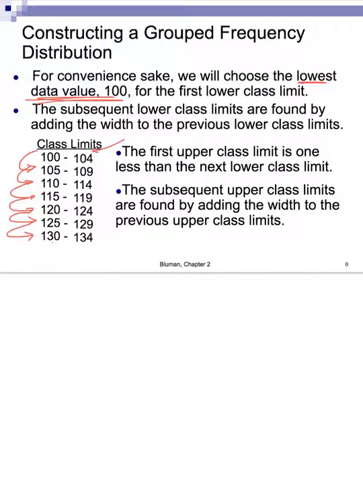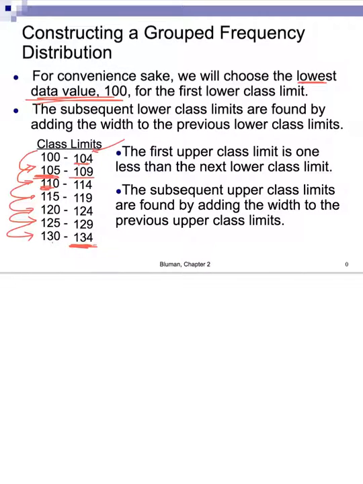Okay? And then if you look at our upper class limit, remember, it needs to be mutually exclusive. So if we started this next one at 105 here, this next class only needs to go to 104. If we started this one at 110 here, this one needs to end at 109, and so forth. You want to make sure that all of your data values are included here.